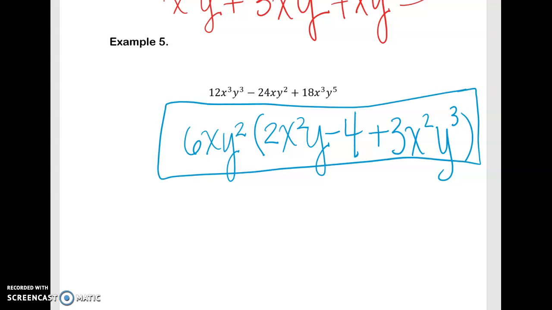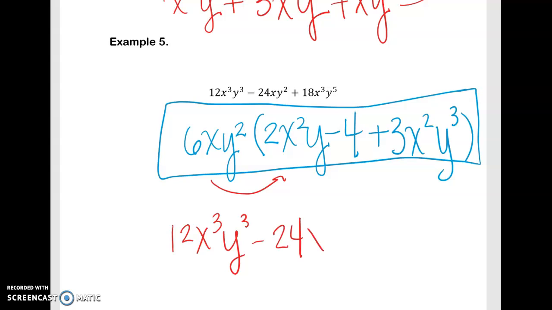As long as you pull out the greatest common factor and you factor it out correctly, that is the factored form. Always remember to double check your work. I'll check it here one last time. 6 times the first term, 6xy squared times 2x squared y would be 12 x to the third y to the third, yes, that's correct, minus 24xy squared, that is correct for that second.